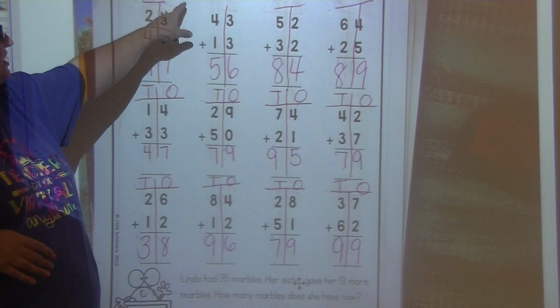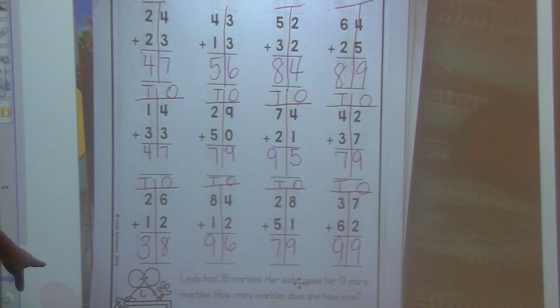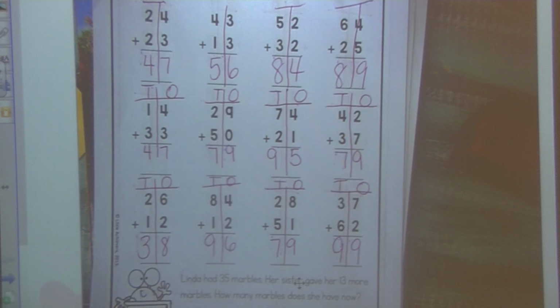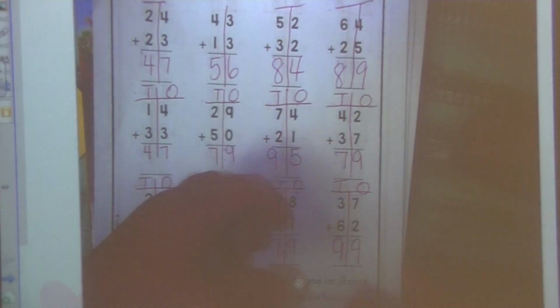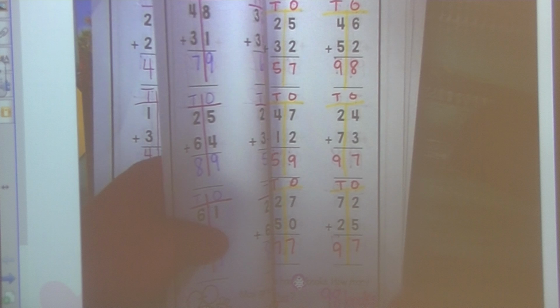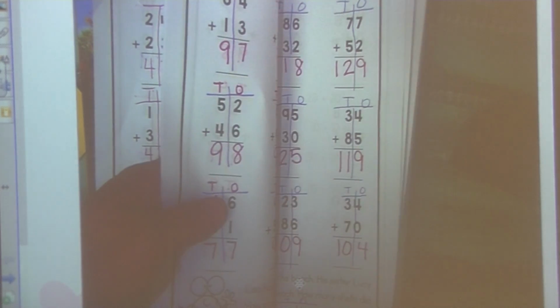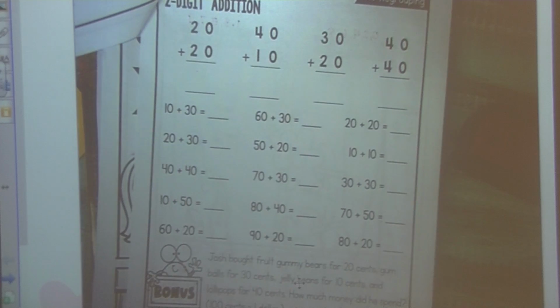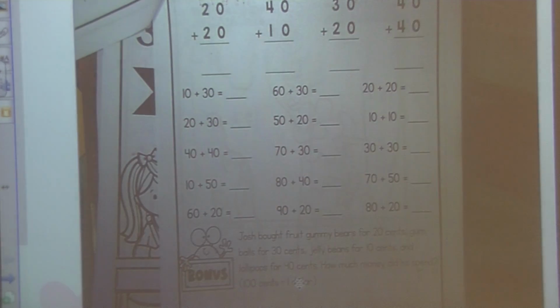This says 2-digit addition that had the frogs as the bonuses at the bottom. We completed a lot of these. In class, we completed them. And then you had this one where you added groups of 10 you didn't complete.